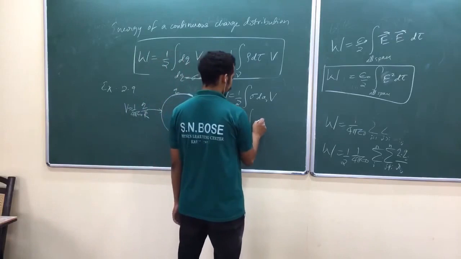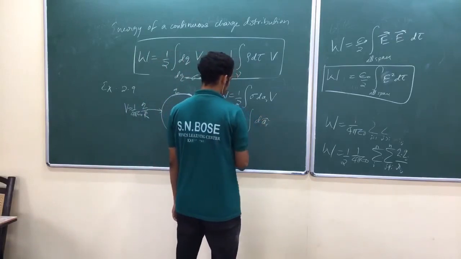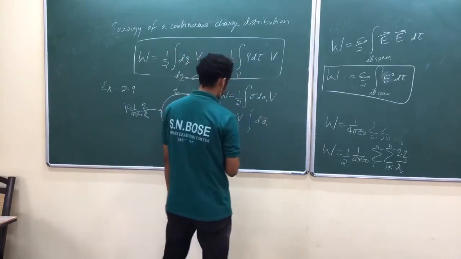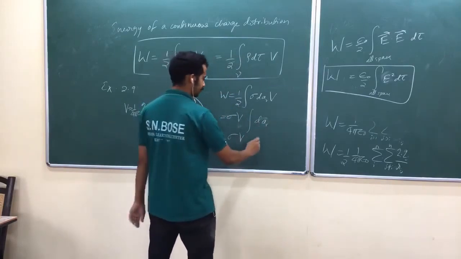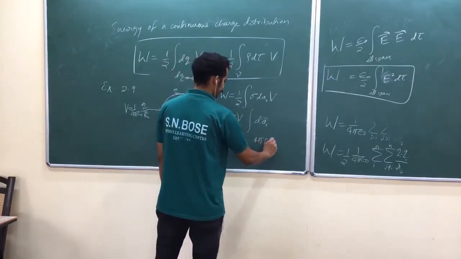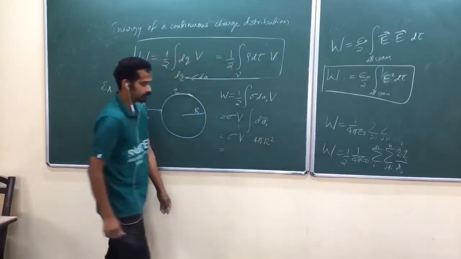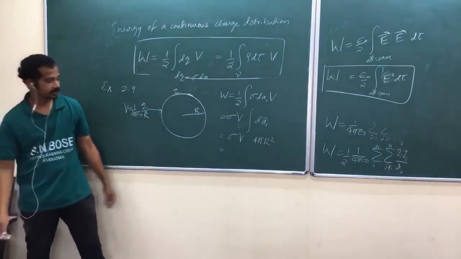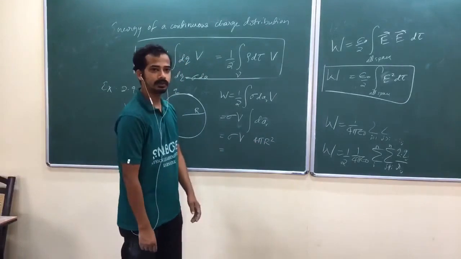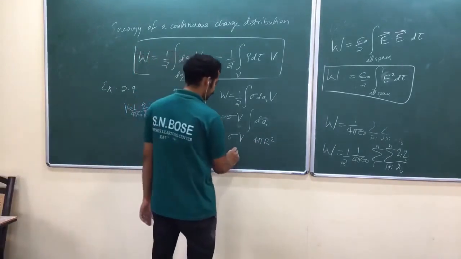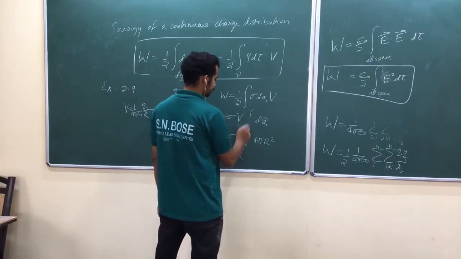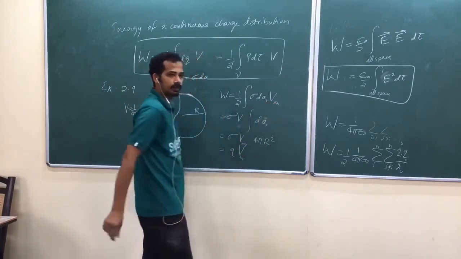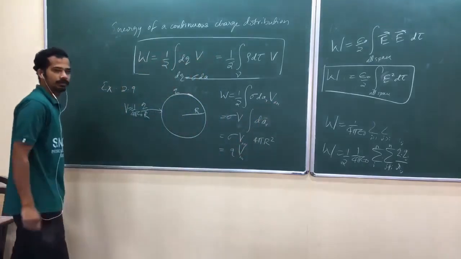So that is integral of dA. What is that one? That is total surface area, 4 pi R square. Sigma into 4 pi R square, what is that one? Total charge. So Q into V on the surface, potential on the surface.